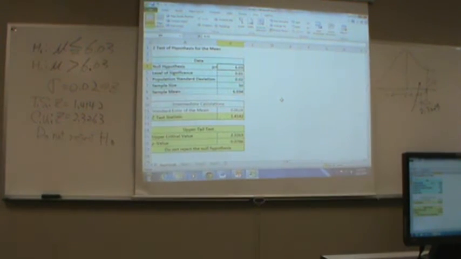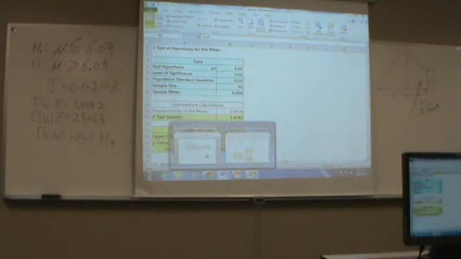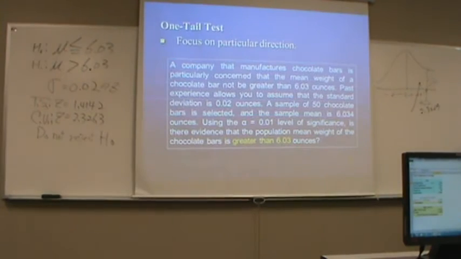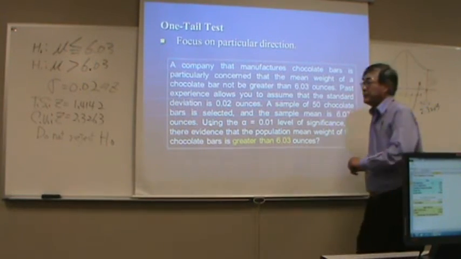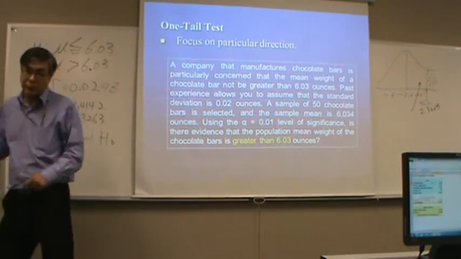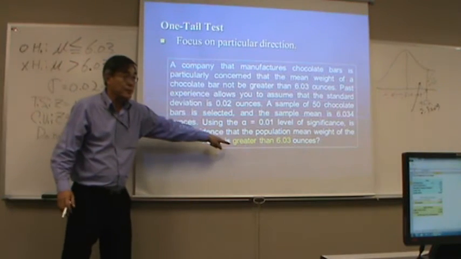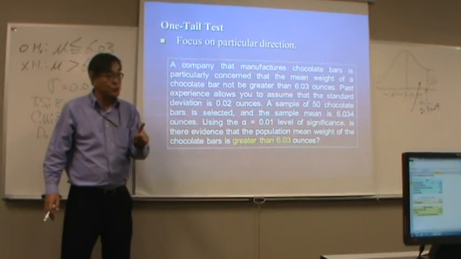Conclusion. Okay, now, do not reject H0, that means H0 is true, right? True means H1 is not true. H1 is from the question, right? So the question is not true.